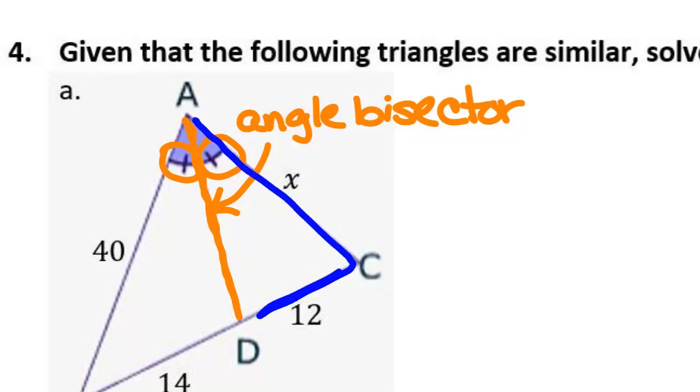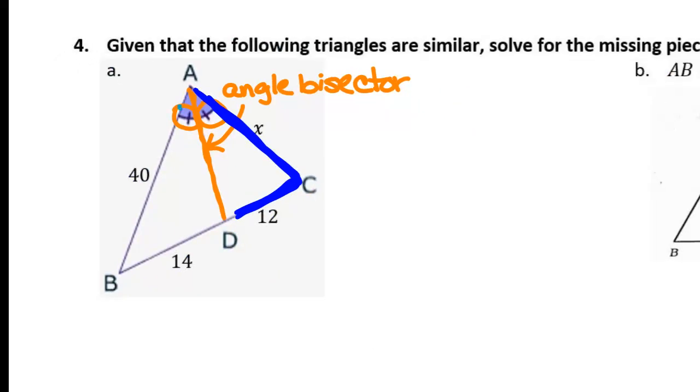So I've got this side over here that I'm going to be looking at. And I've got this side over here that I'm going to be looking at. And I have to match up the corresponding pieces from each of those. So what would correspond to x? 40. So we're going to write a fraction with x and 40.